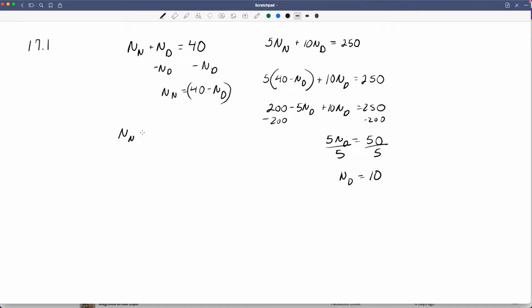The number of nickels plus the number of dimes is equal to 40. Well, if the number of nickels plus 10, because that's the quantity of the dimes, is 40, then there must be 30 nickels because I subtracted 10 from both sides. All right, so now I have the number of nickels and the number of dimes.